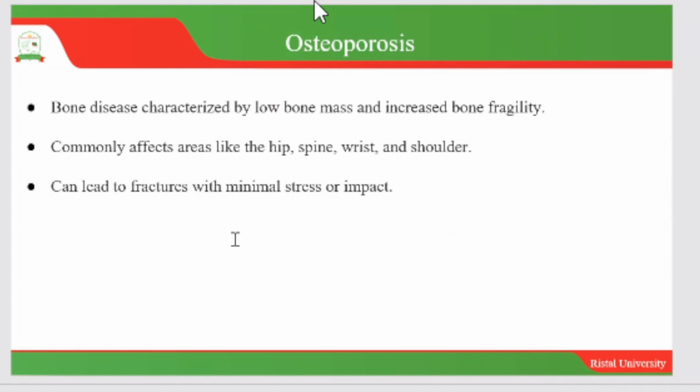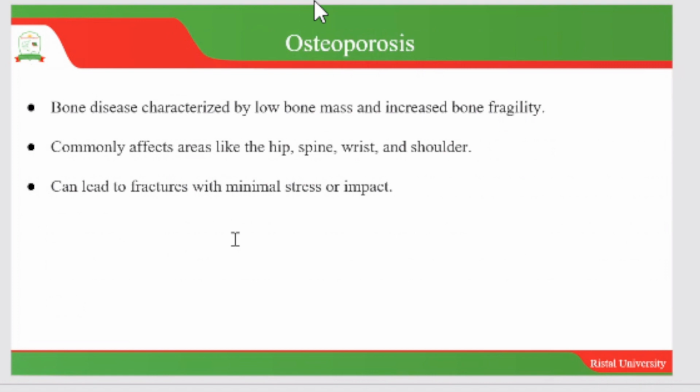All right. So that was to do with osteoarthritis. But now let's shift and look at osteoporosis. When we say osteoporosis, here we are looking at weakening of the bones. Okay, yeah. And this is a bone disease characterized by low bone mass and increased bone fragility or weakness of the bones, like I said.